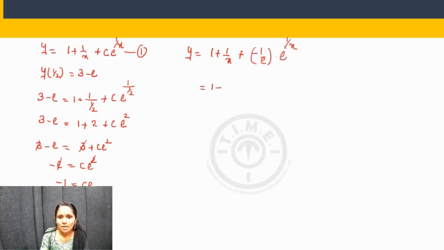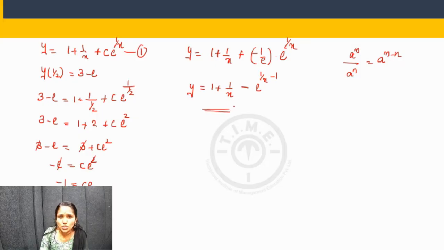Or it is 1 plus 1 by x minus e raised to 1 by x minus 1, because this is of the form a raised to m by a raised to n, which is a raised to m minus n. So we will get y is equal to 1 plus 1 by x minus e raised to 1 by x minus 1. So this is the solution of the differential equation.